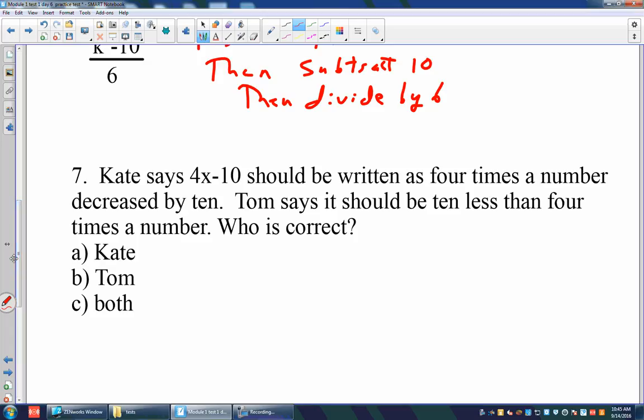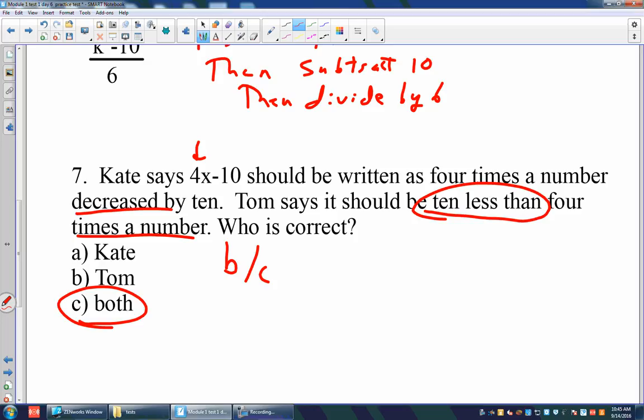Kate says 4x minus 10 should be written as 4 times the number decreased by 10. Well, that's right. 4 times the number decreased by 10. Tom says it should be 10 less than 4 times the number. Who's correct? Both.